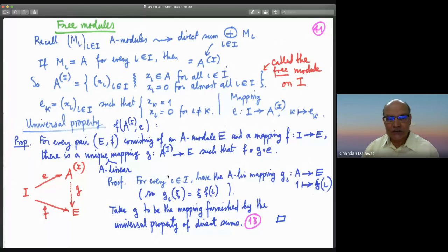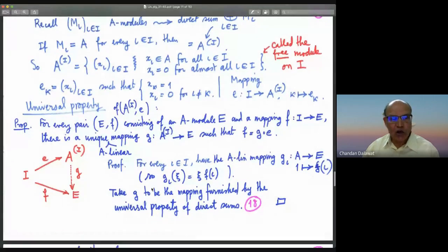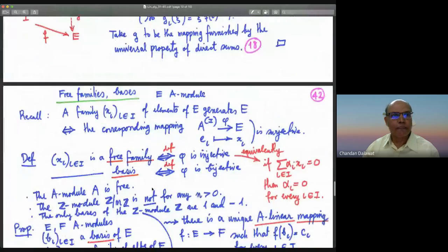So this follows from the construction and the definitions. But the important thing is to understand what is being asserted. So that's the defining property, more or less, of free modules.